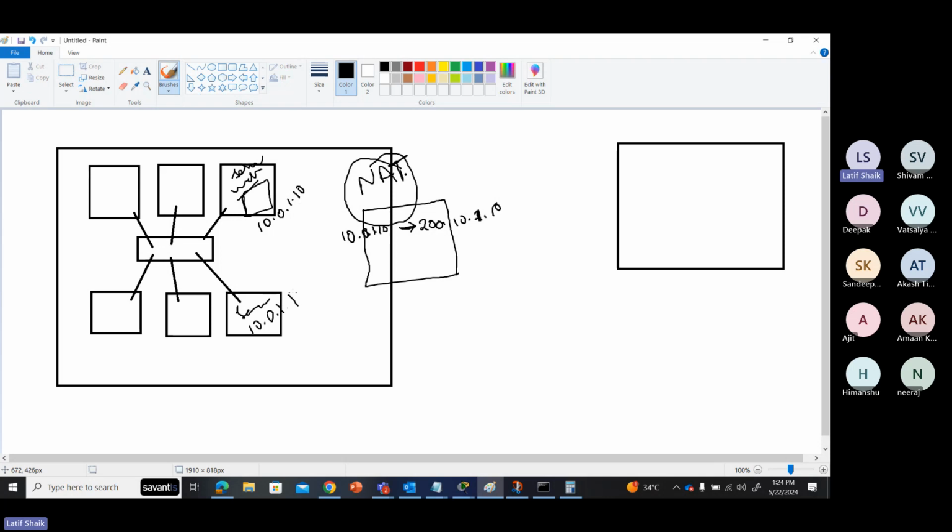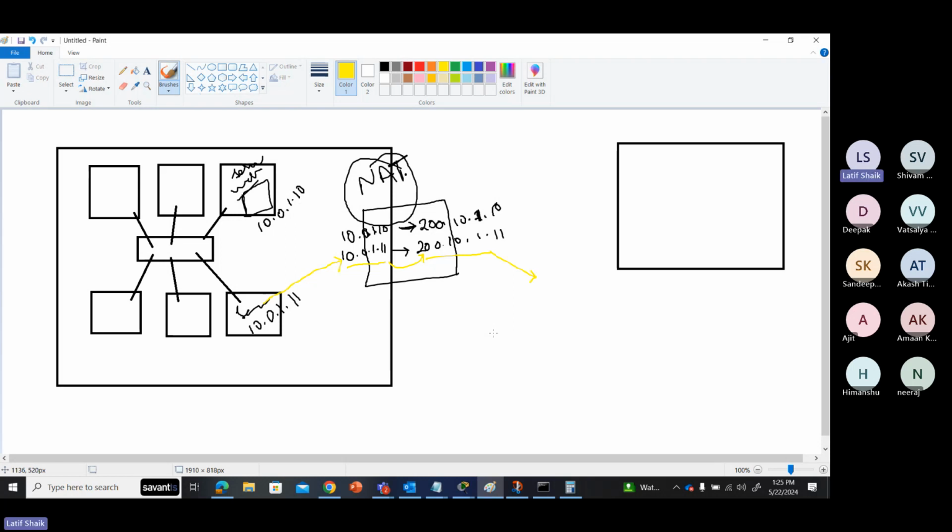Inside, these machines have private IPs, but at the router I will configure the devices' private IP mapped to the public IP, which I have purchased from ICANN. So when I'm communicating to the outside of the network, I first go to this router, where my private IP is mapped to the public.